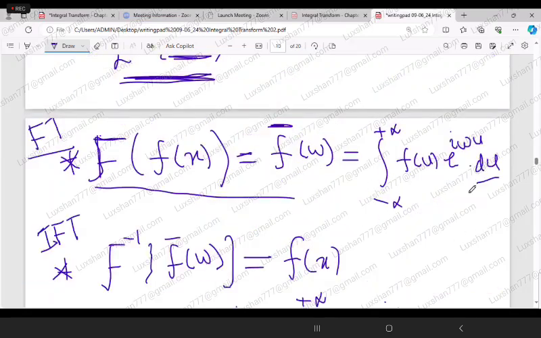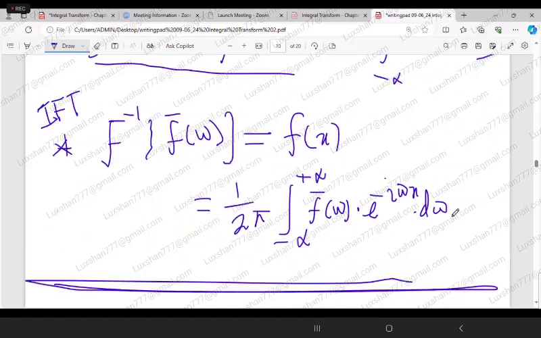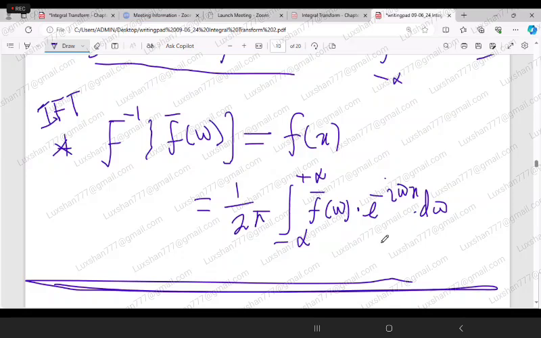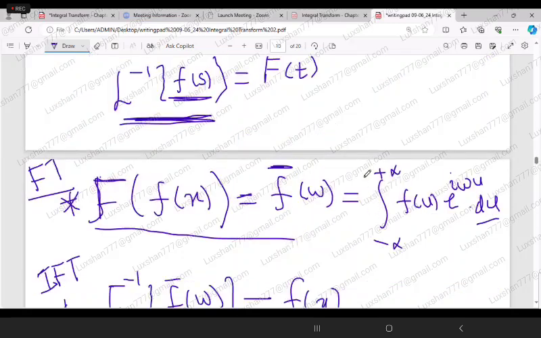Two integrations are there. You have to clearly remember which variable we integrate with respect to for the Fourier transform and for the inverse Fourier transform. There is a coefficient 1 over 2 pi here, and no coefficient 1 over 2 pi there.